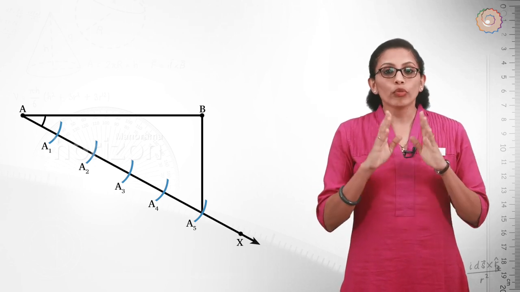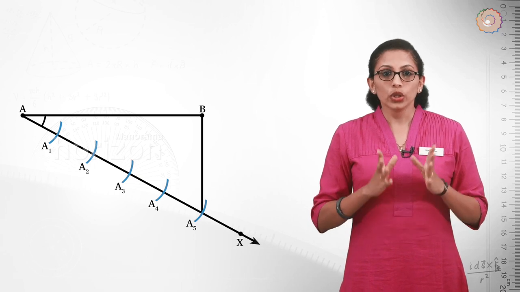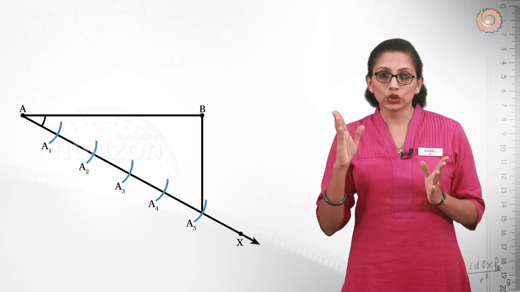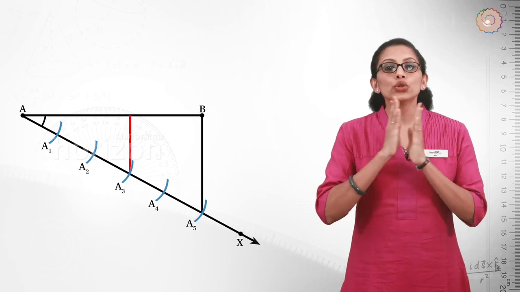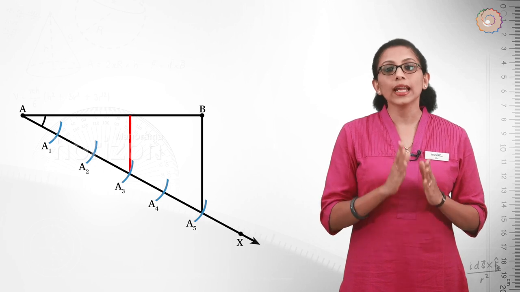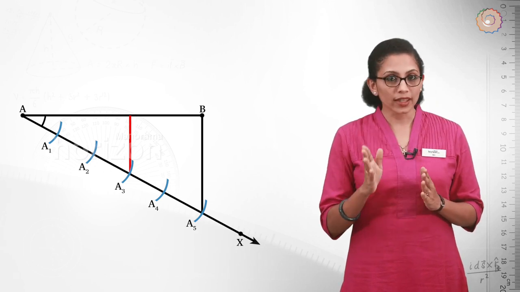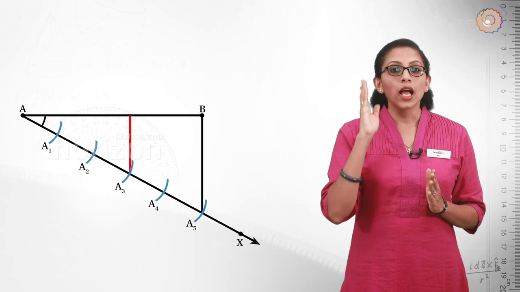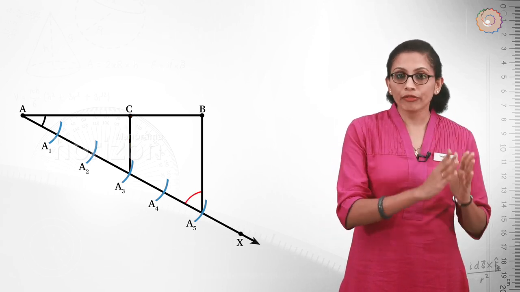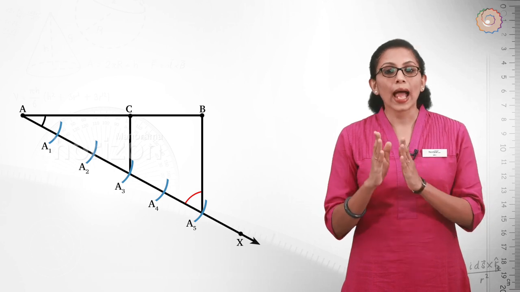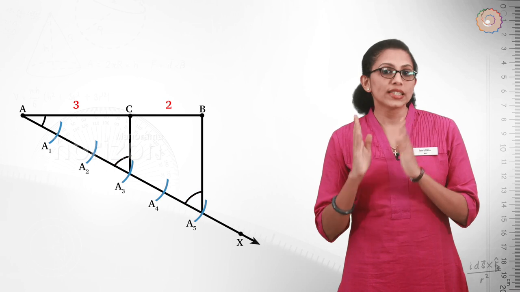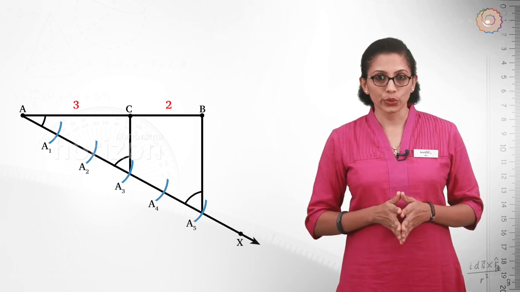Next step, since we want the ratio 3:2, through the point A3, that is, our m is equal to 3, draw a line parallel to A5B by making an angle equal to angle AA5B at A3, intersecting AB at the point C such that angle AA5B is equal to angle AA3C. Thus, AC:CB is equal to 3:2.